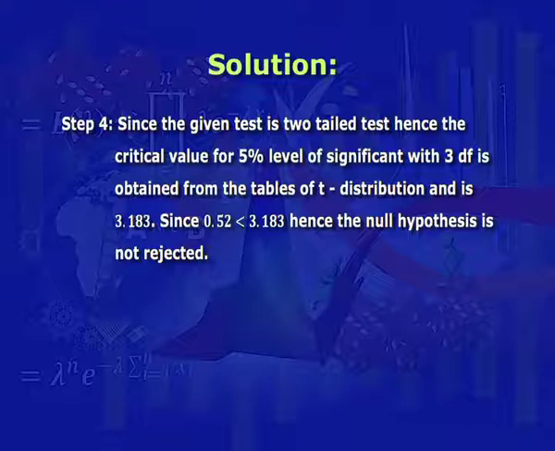Since the given test is a two-tailed test, the critical value for 5% level of significance with 3 degrees of freedom is obtained from the tables of t distribution and it is 3.183. Since 0.52 is less than 3.183, the null hypothesis is not rejected.